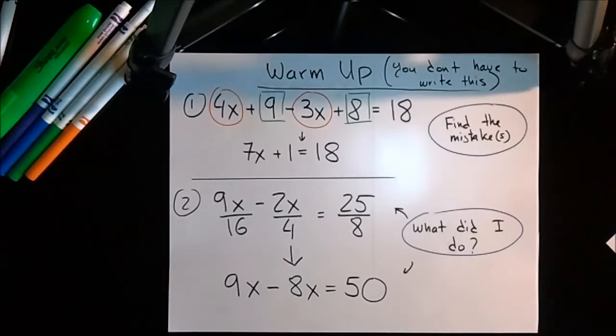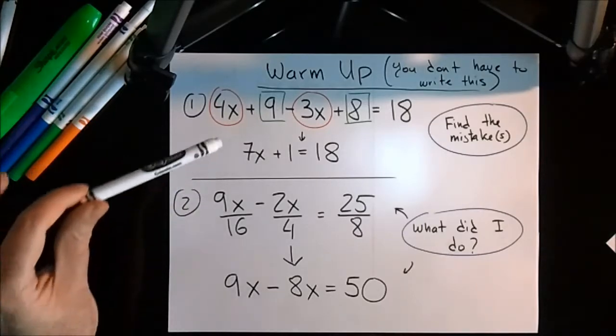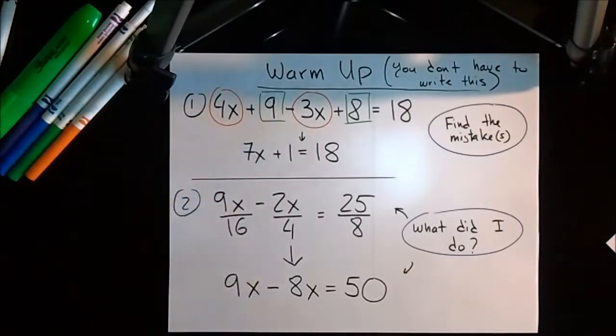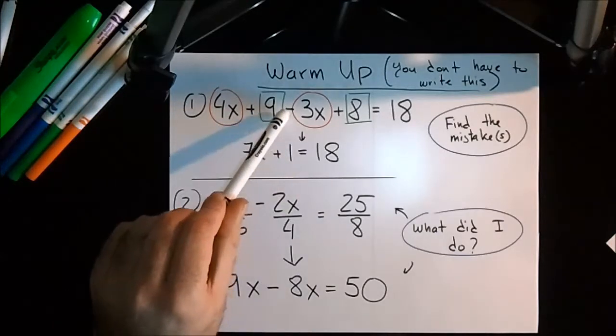Alright, so there are two mistakes in number one, and they both have to do with combining like terms. And these were mistakes that I did see on the last quiz, that at least a few of you made. So first of all, I'm dealing with the x terms. I'm going to combine my x terms. I have 4x minus 3x. This minus belongs to the x term.